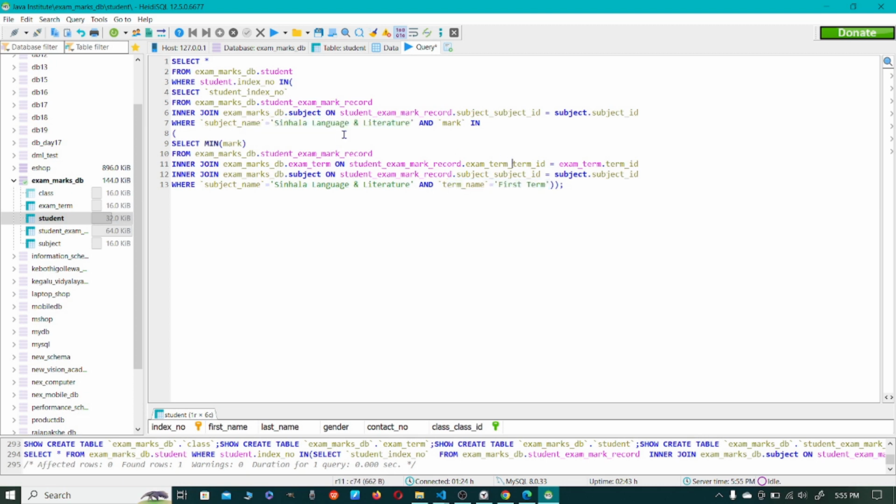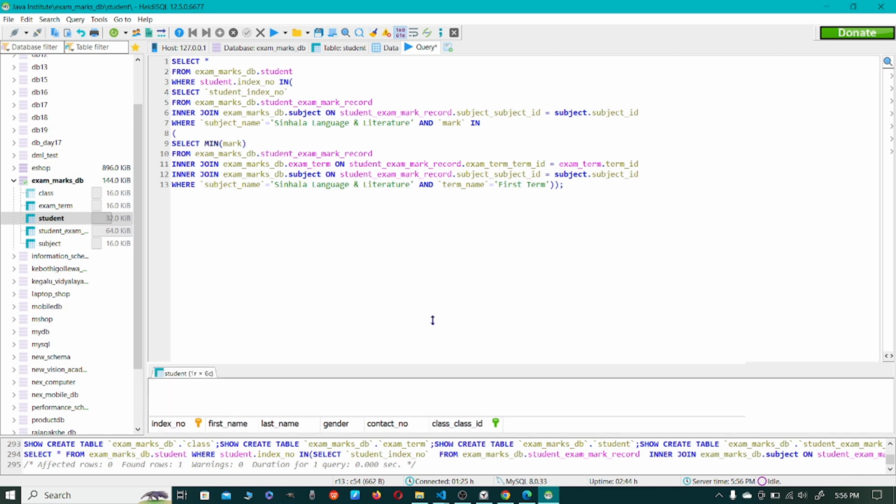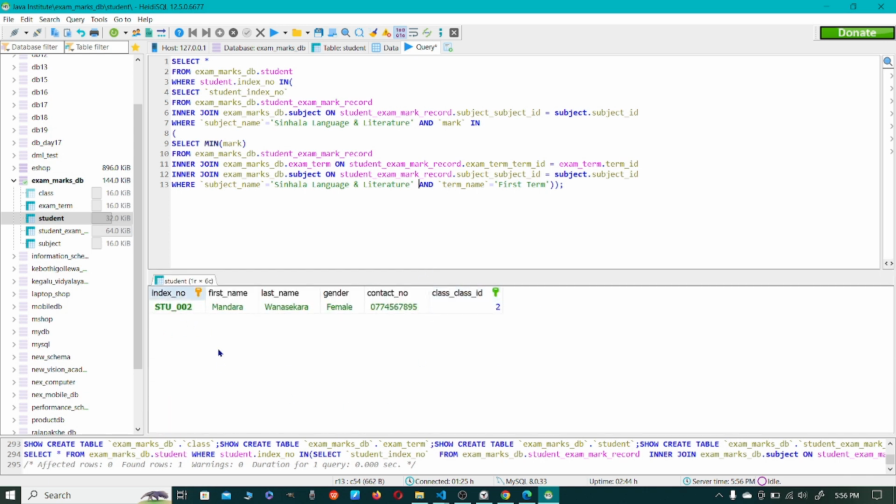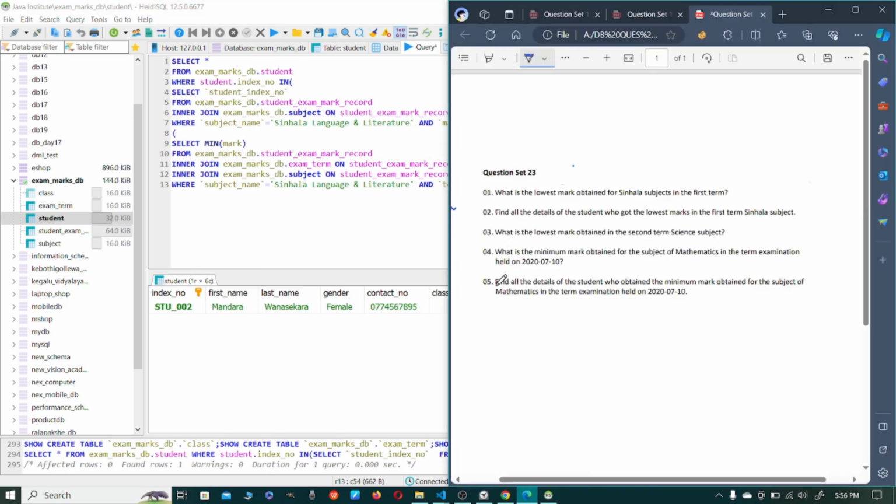From that condition, we have derived the index number of the student, and from that index number, we have derived all the details of that student. So I have executed the code. Let's see. So that would be our answer. Let's see the third question.